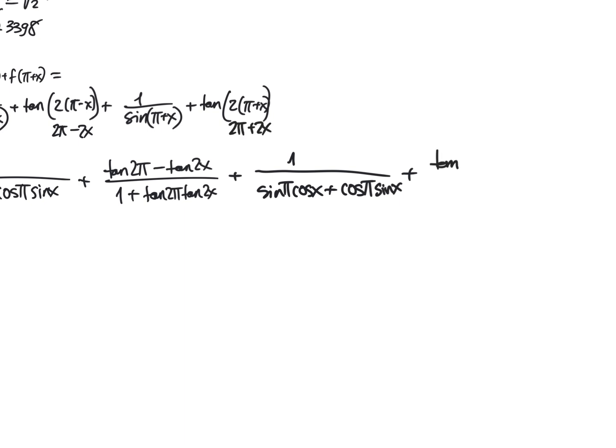So that's tangent 2 pi plus tangent 2x over 1 minus tangent 2 pi tangent 2x.